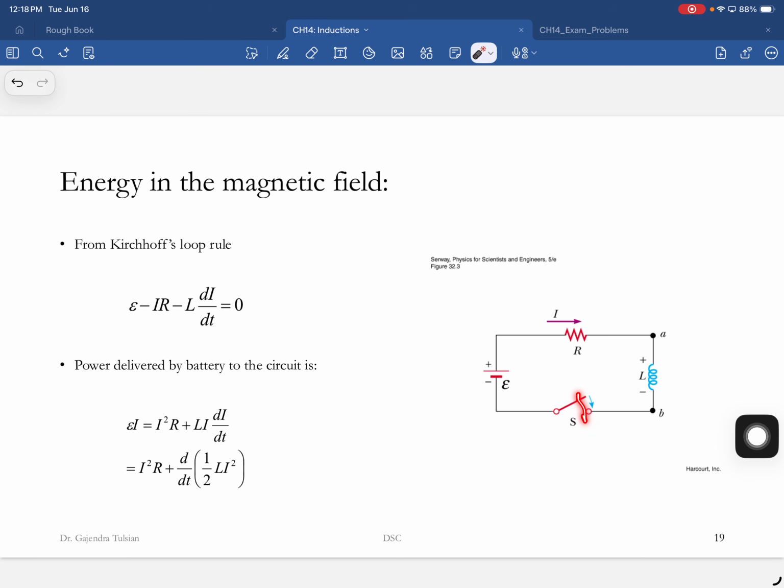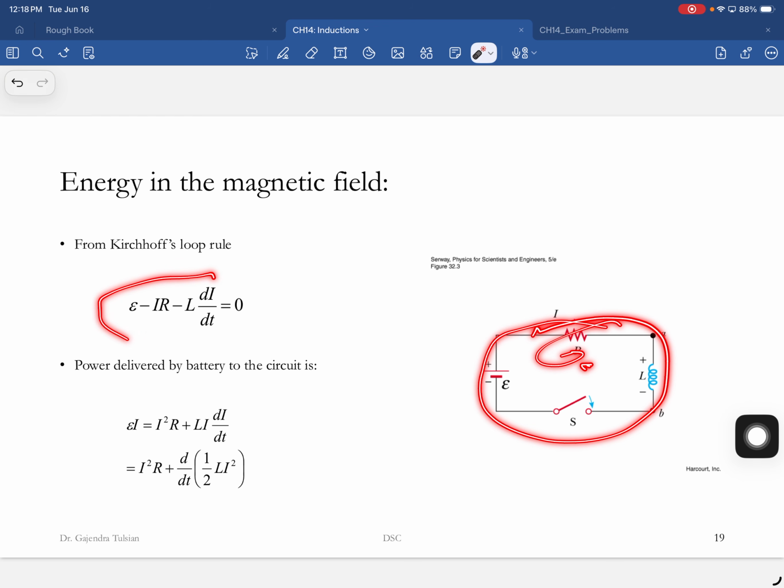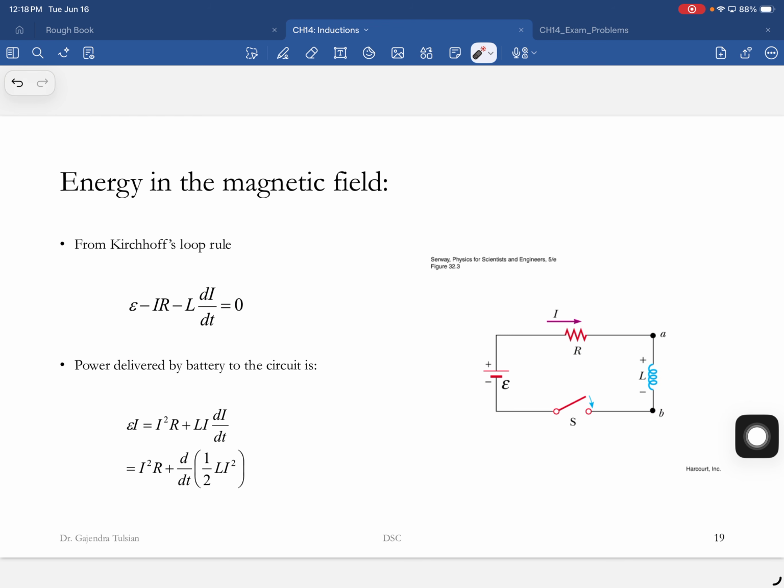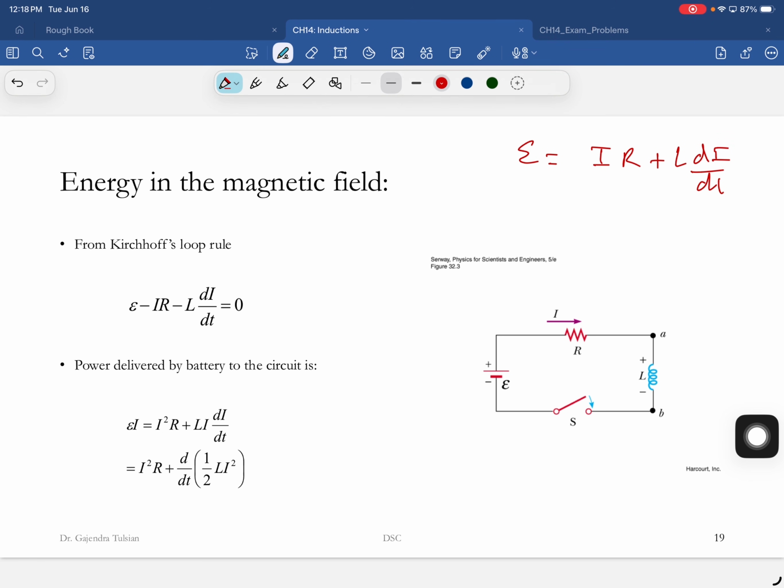All right, we'll close the switch. The equation, the mathematical model describing the behavior of this guy is that, which we had already derived. So we'll bring this term to the other side. E times I is the power being delivered by the battery. And that is equal to, so E is IR plus L di by dt.